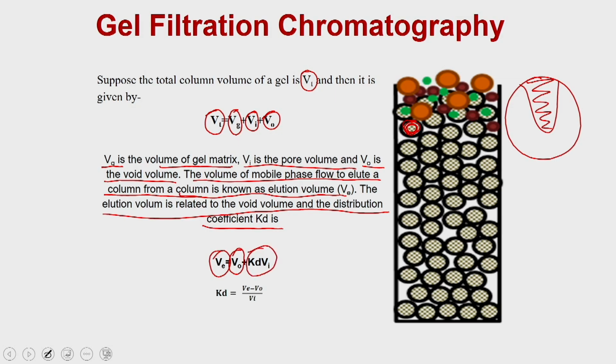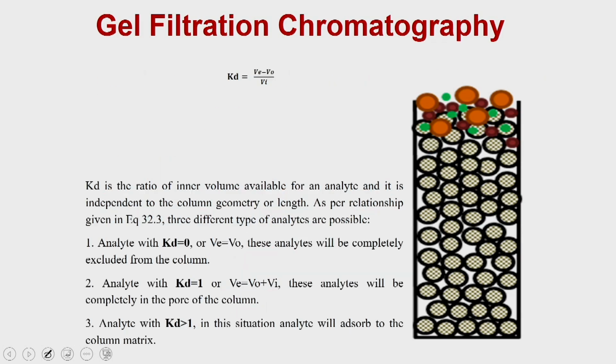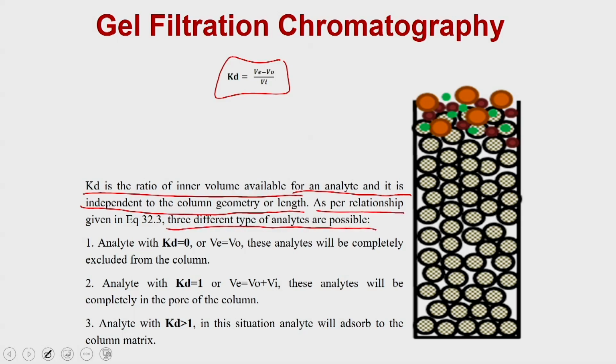If you rearrange, Kd is equivalent to (VE minus Vo) divided by Vi. So, that is the formula for Kd. Kd is the ratio of inner volume available for an analyte, independent of the column geometry or the length. As per the relationship, three different types of analytes are possible in a gel filtration column.